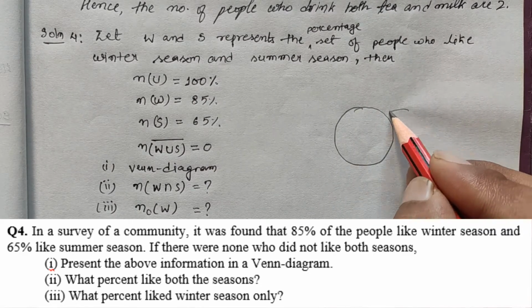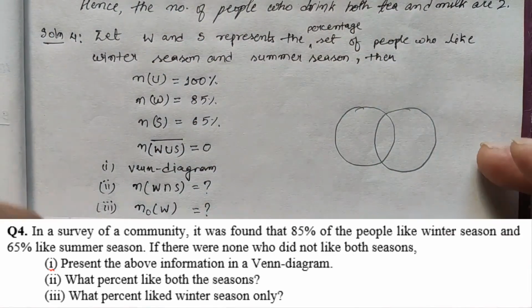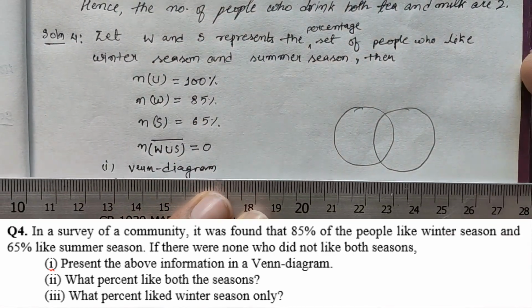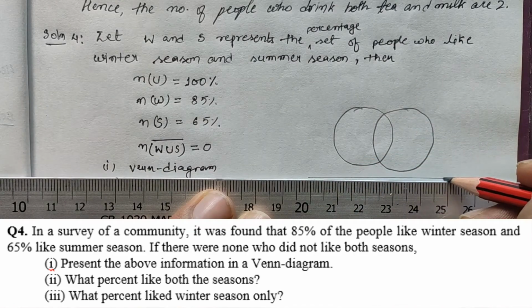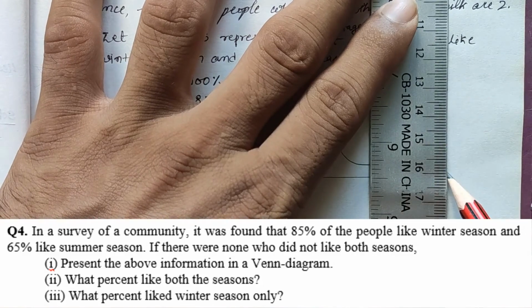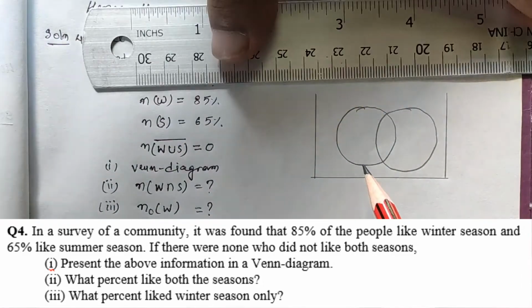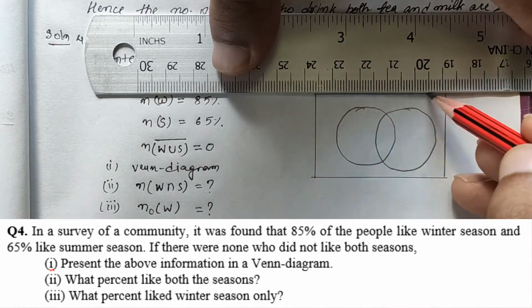Always use a compass to draw these circles or sets while drawing a Venn diagram. The rule I have already told you, so don't be confused about how to draw the Venn diagram.